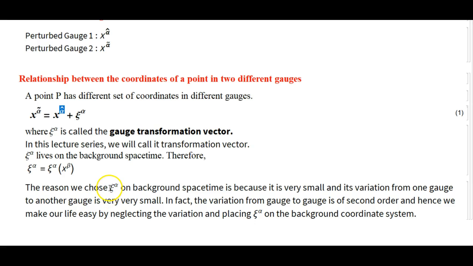So the most natural choice is to place it on the background space-time, and that is why I am saying that this xi alpha is a function of x beta. I am not putting beta caret or beta tilde because we place it on the background space-time; its variation from one gauge to another is very small, of the second order, and hence we can neglect the variation and place it on the background coordinate system.